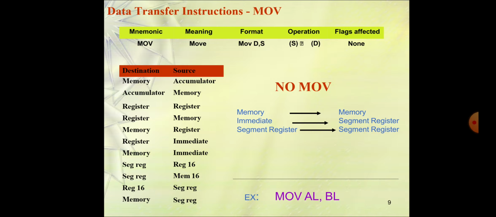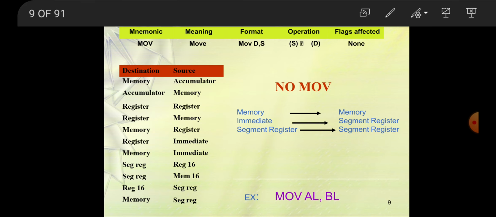Suppose I write 5 hexa, I can directly move this 5 hexa into some location. Now I will show you which sources and destinations can be used.